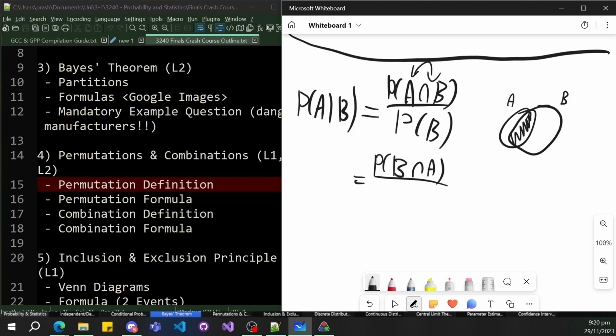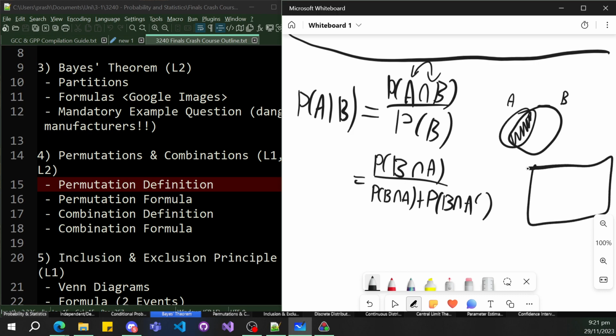Now, what happens if we split apart B using its partition? We can do that. We will split apart B using the partitions of A. So we've got B intersect A and B intersect A complement.